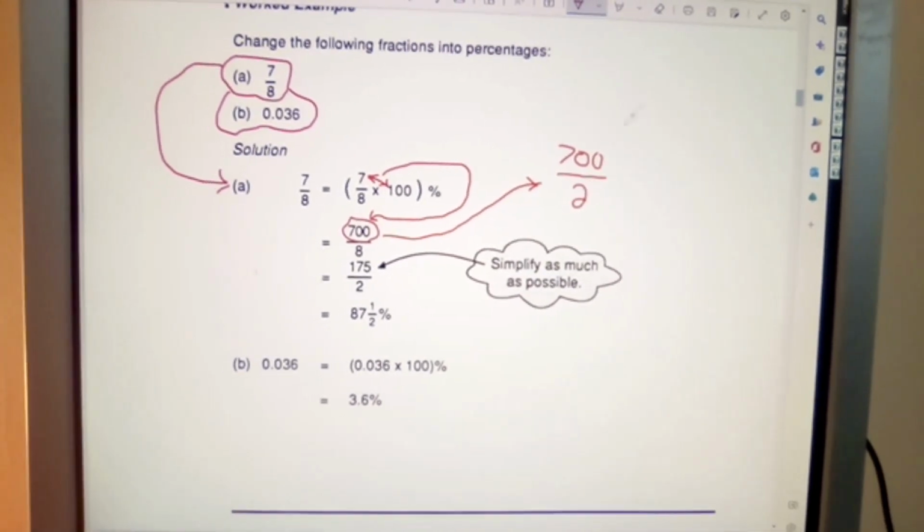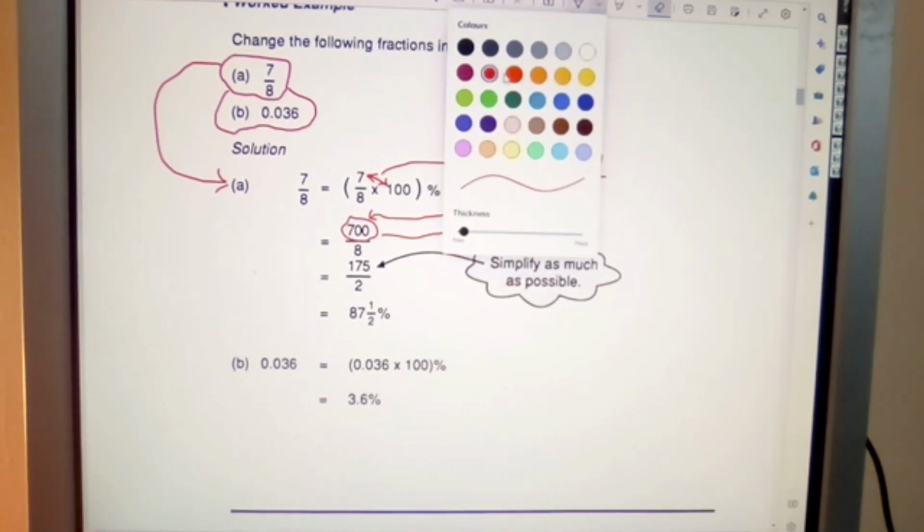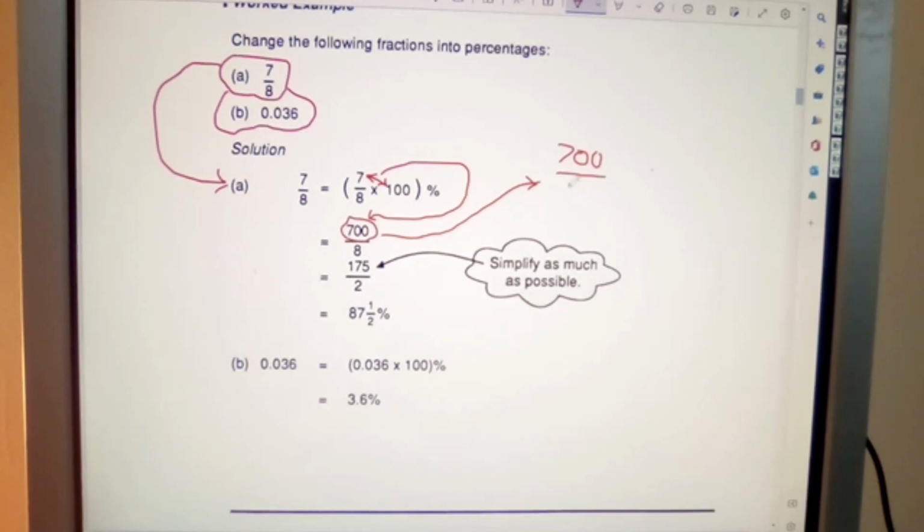Sorry. It's 8 over 8. Okay, let me get that back with me. Put it over 8, okay? Equals.